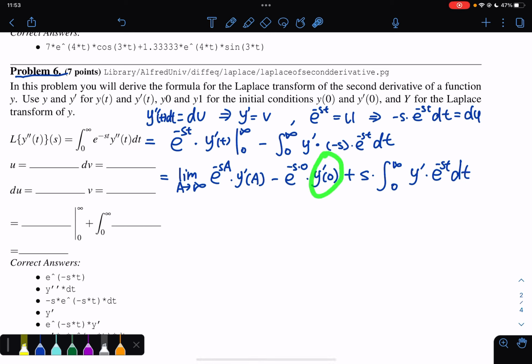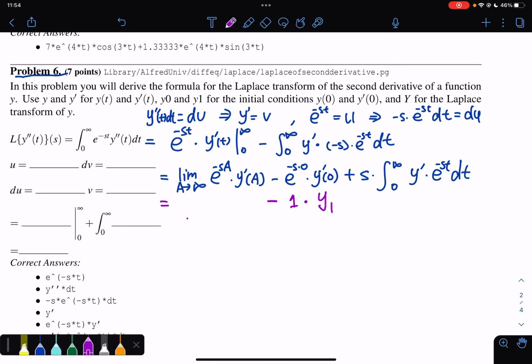So I cleaned up my problem a little bit. Y prime of 0, according to the problem, is the initial condition y prime of 0, and I write it as y1. So this term is written as y1. E to the 0 is 1, so it's 1 times that. Now I look at the first half, which is e to the negative sa. If s and a were both negative, e to the positive infinity doesn't exist.